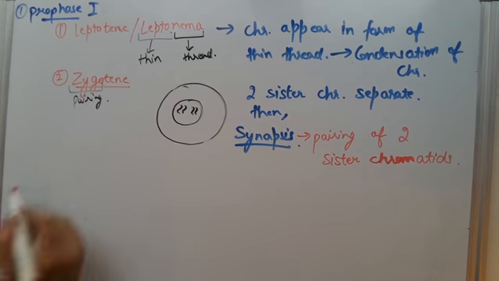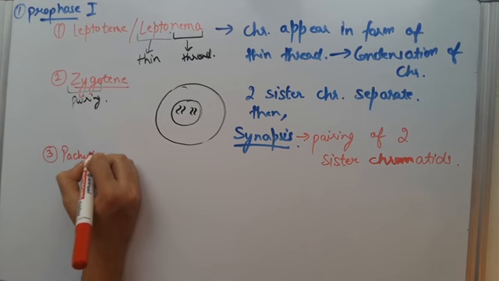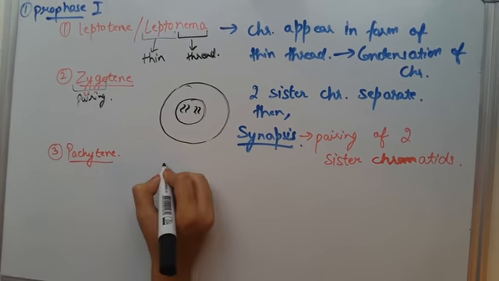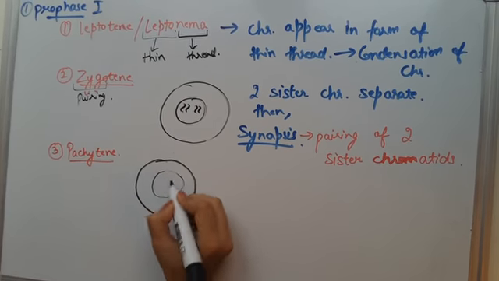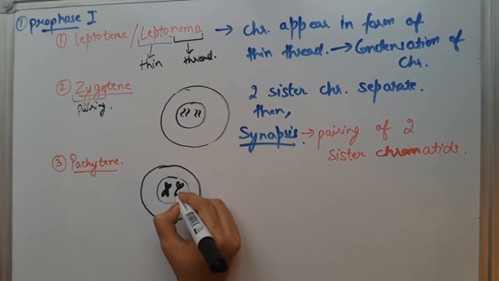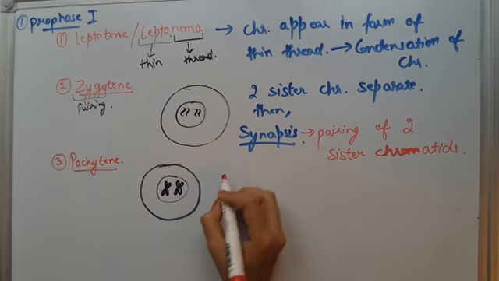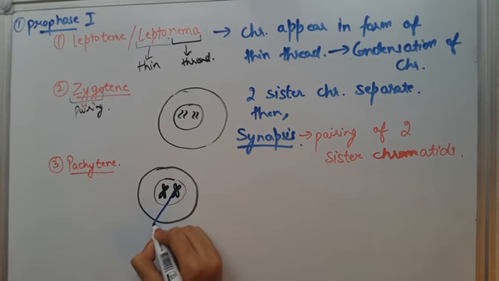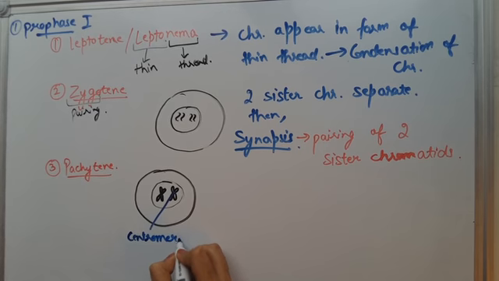Third stage is pachytene. Here is the formation of tetrad, that is, 4 chromatids are together, and here the center point is called centromere.